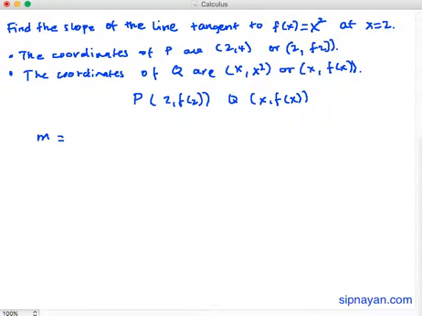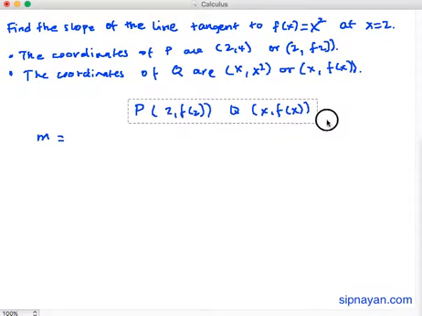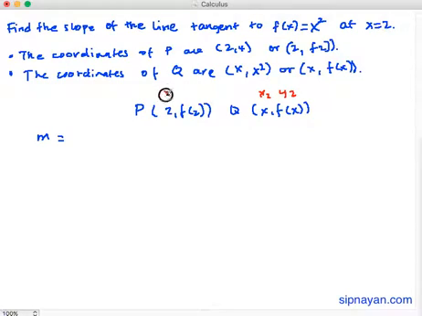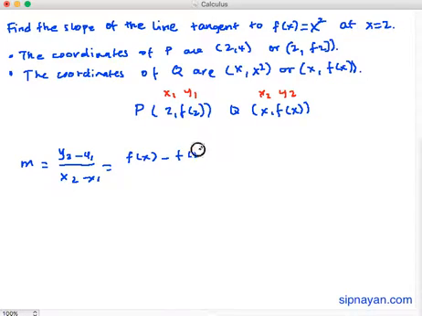Now, if we let Q be x sub 2, y sub 2, and ito yung x sub 1, y sub 1 natin, pwede nating sabihin na y sub 2 minus y sub 1 over x sub 2 minus x sub 1 is equal to, ano yung y sub 2 natin? f of x minus f of 2 over x minus 2.